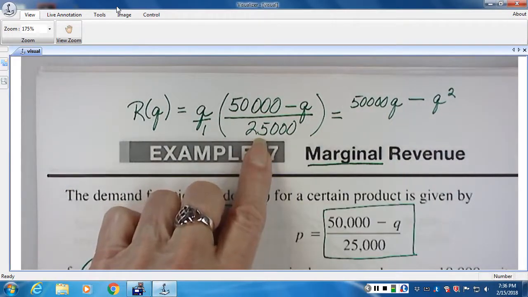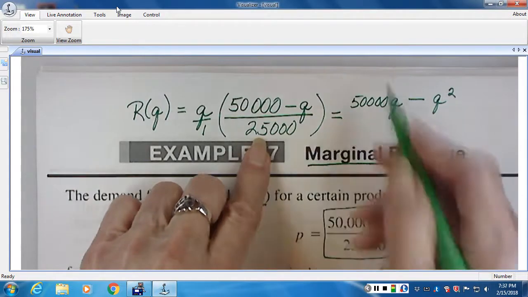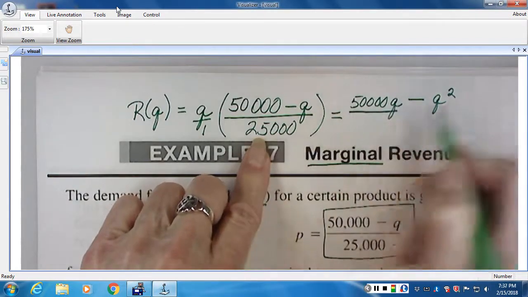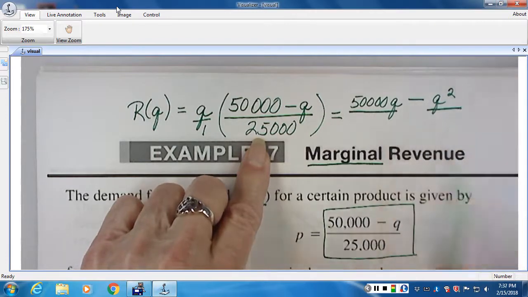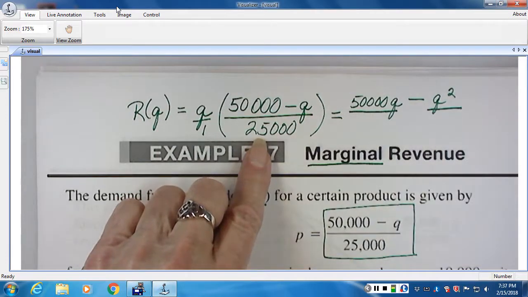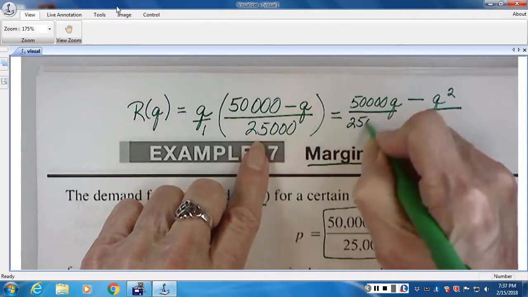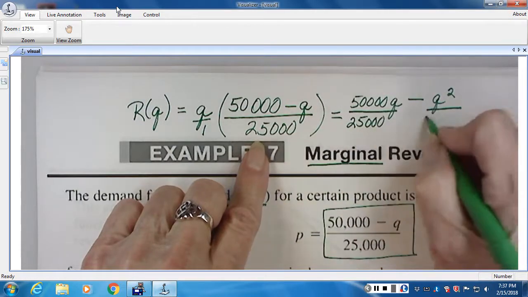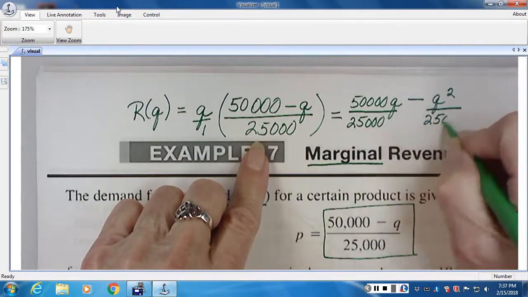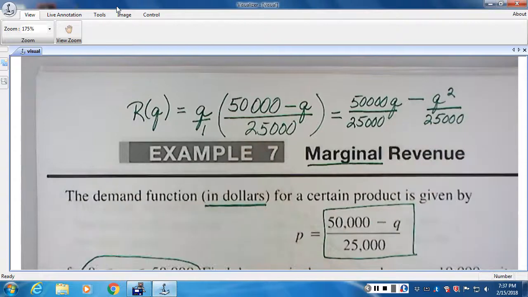But it would be easier if we could split this up into two terms. So I'm going to do the same thing we did earlier. I'm going to take that joined fraction and break it back apart into the difference of two fractions. And then I'm going to simplify it because I know I've got to do calculus on it, and all those zeros are kind of a pain.